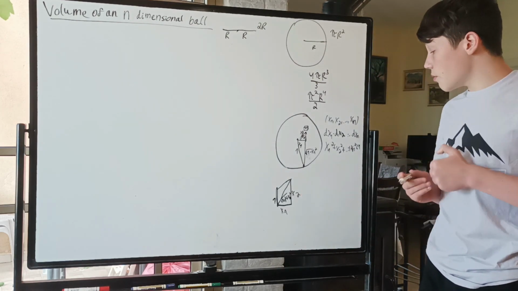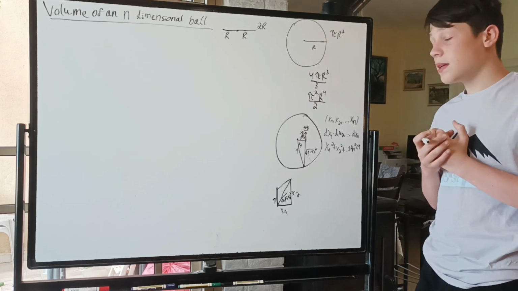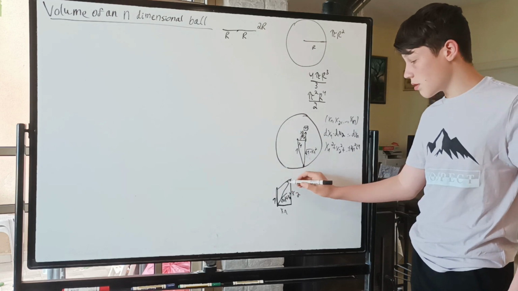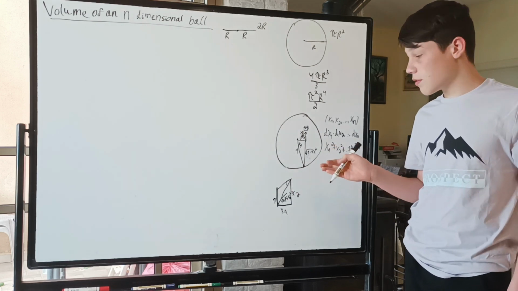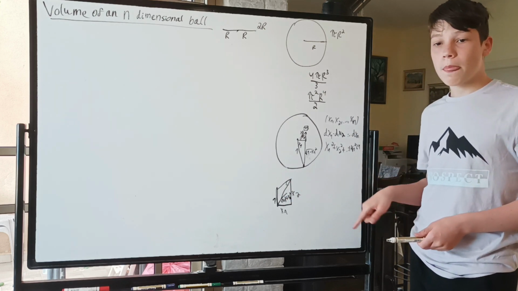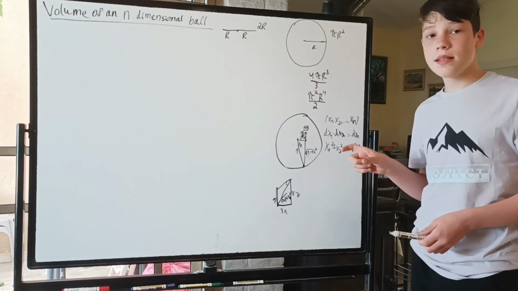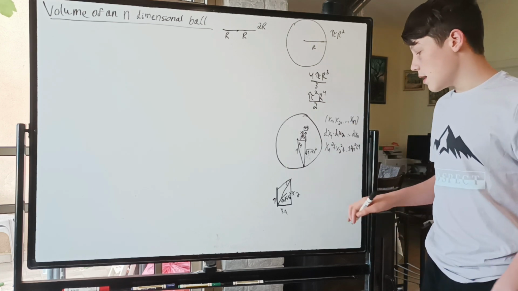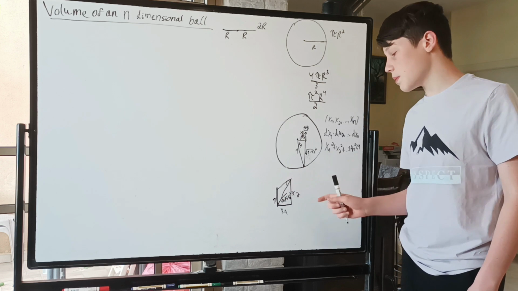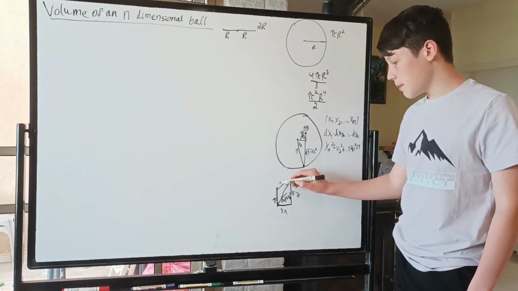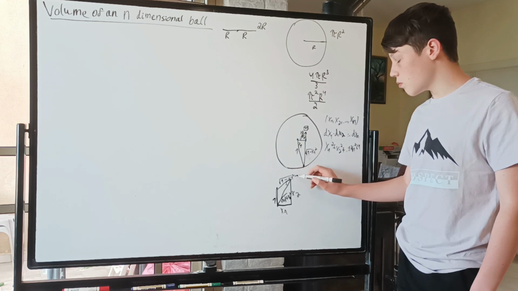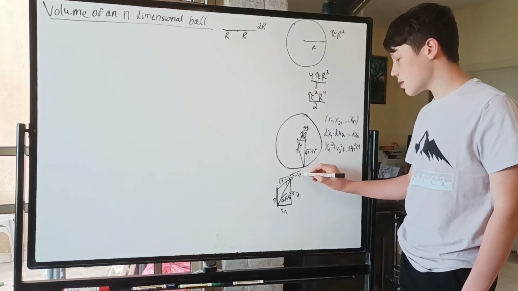And we also know that in 3 dimensions, this line is perpendicular to this line because they are different axes. This is on the plane of x1, x2, and because x3 is the third axis, it's perpendicular to it, and because this line is on that plane, this line will be perpendicular to this line. Meaning that by Pythagoras, this is the square root of 1 minus x1 squared minus x2 squared.